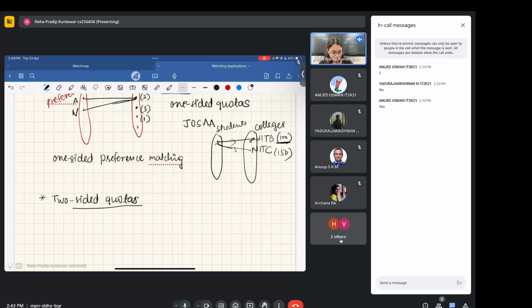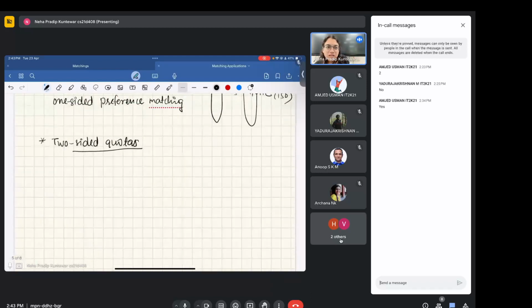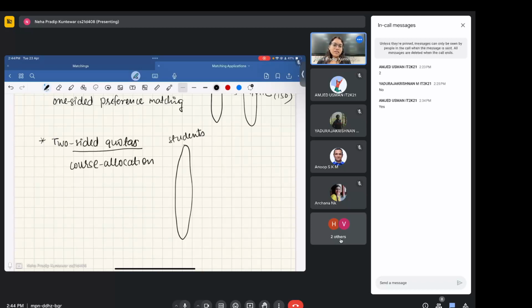Okay, so one example would be course allocation. So let's say there are students here, and each student has some quota of courses that they need to take. Let's say this student A has to take four elective courses in this semester.